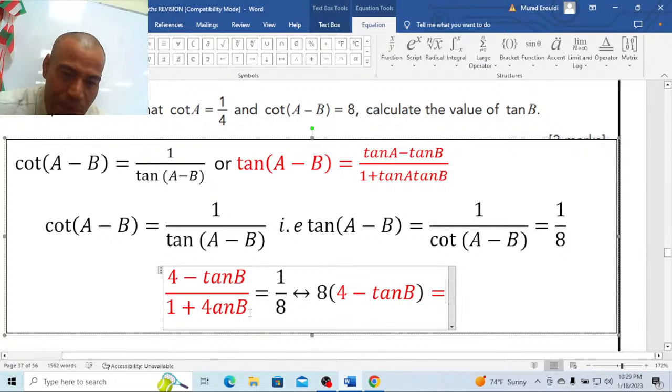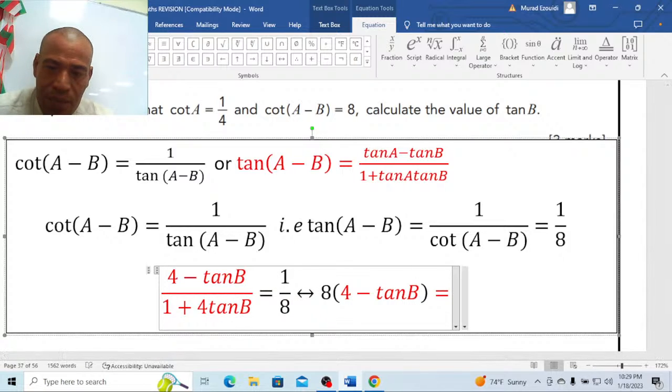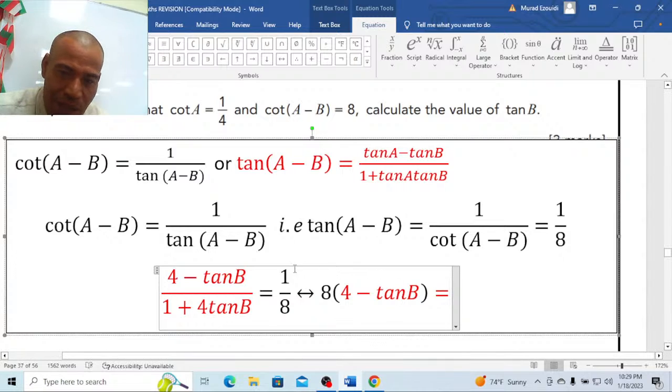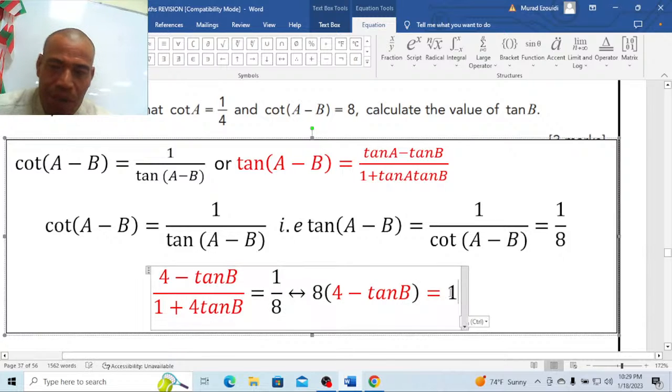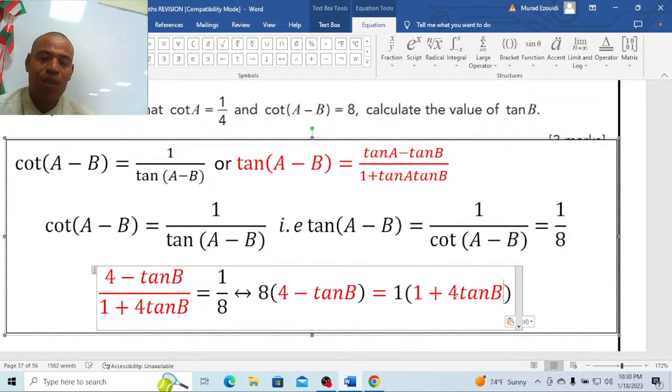Equal to 1 times 1 plus 4 tangent B. I want the black one so that you can differentiate between these trig functions. It will be 1 times 1 plus 4 tangent B. I will open the parentheses here like that, then close it, and inside I will put my trig function.